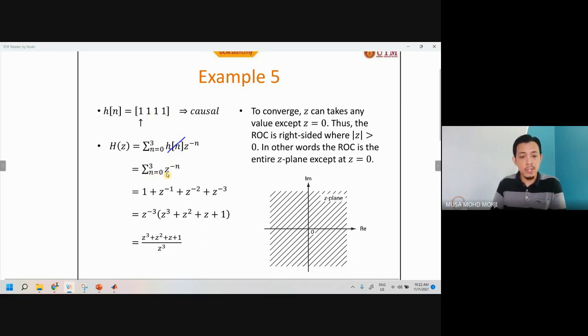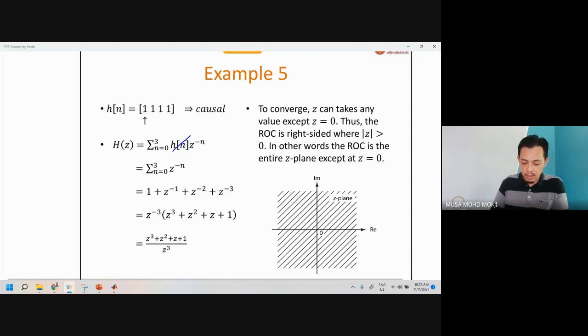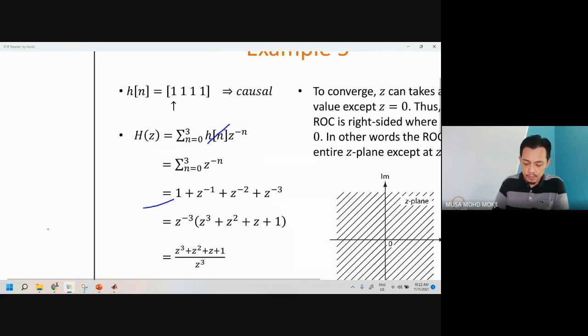After you simplify, you get the sum for n from 0 up to 3 of z to the power of minus n. Expand this summation. You will get, this one is coming from z to the power of minus 0, because we start with 0. So z to the power of minus 0 is 1, right? Then z to the power of minus 1, z to the power of minus 2, up to z to the power of minus 3.